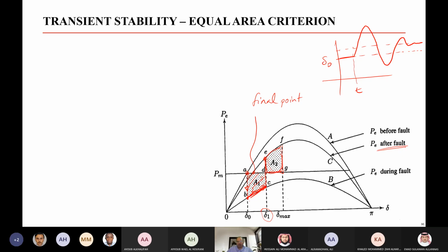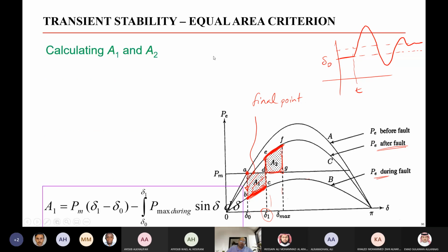So the point will come down to here, and this is the acceleration. Of course, you can calculate the acceleration area: P mechanical multiplied by delta 1 minus delta 0, minus the integration over this curve, which is P e during sine delta. Then the deceleration area is the post-fault power angle P max sine delta minus this rectangular area.